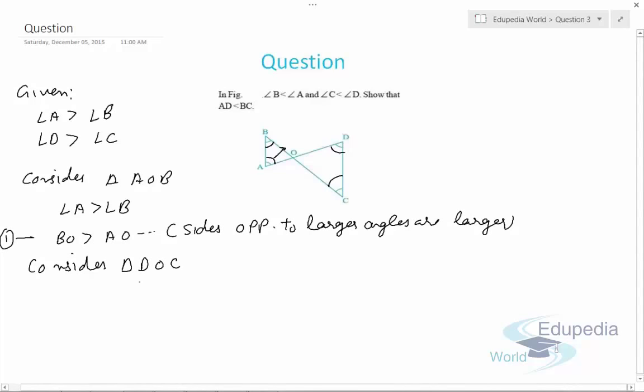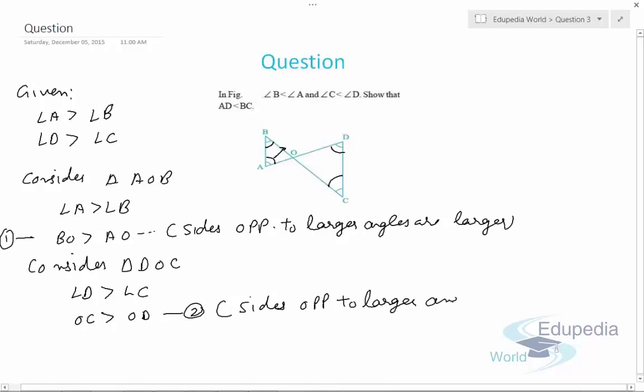In triangle DOC, angle D is greater than angle C. So we can say that OC, the side opposite to the larger angle, is always greater than OD. Let it be 2, and the reason is the same: sides opposite to larger angles are larger.